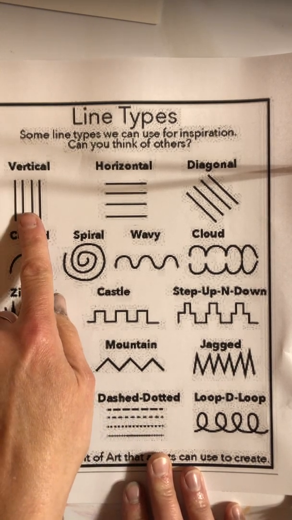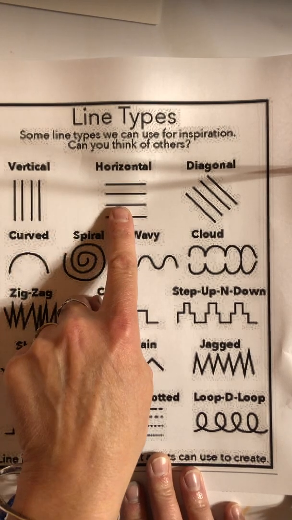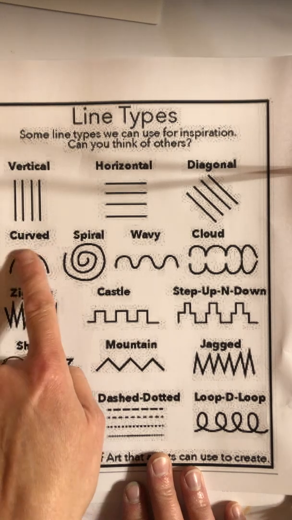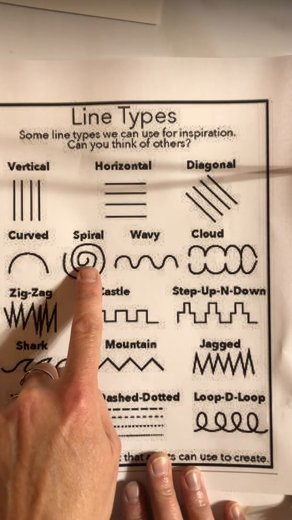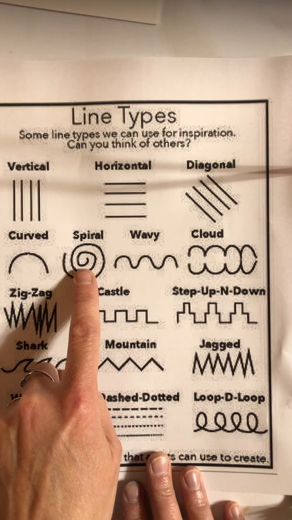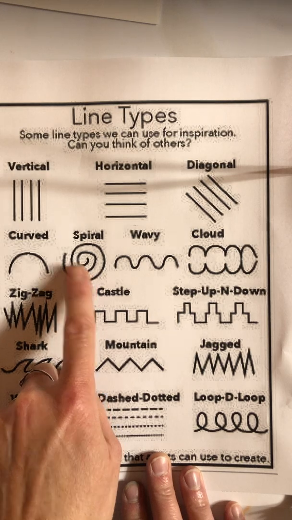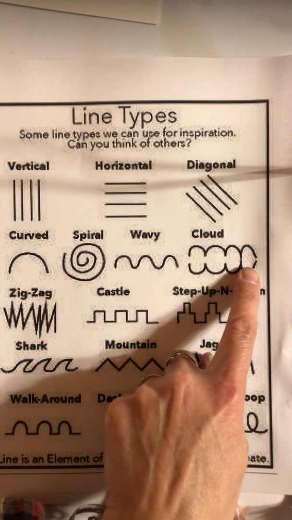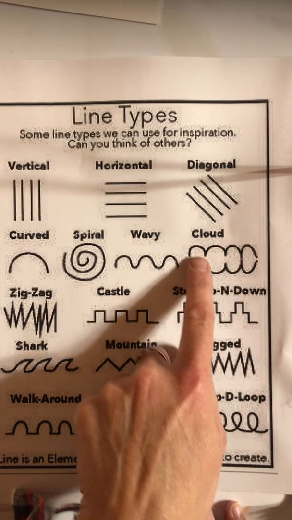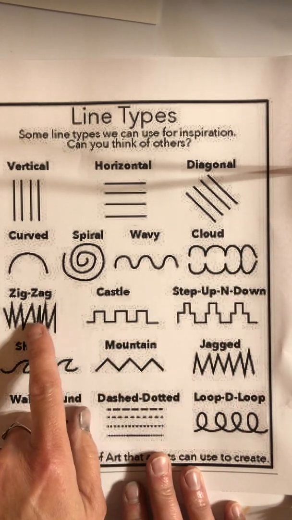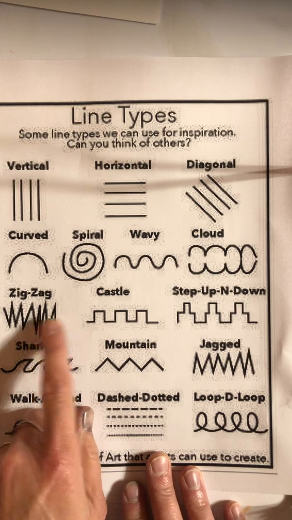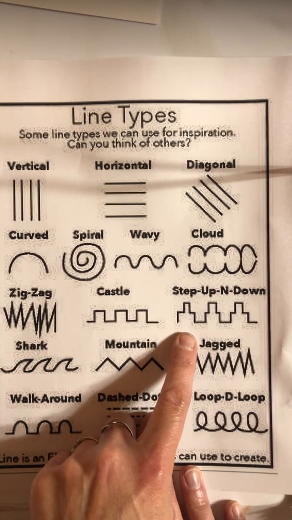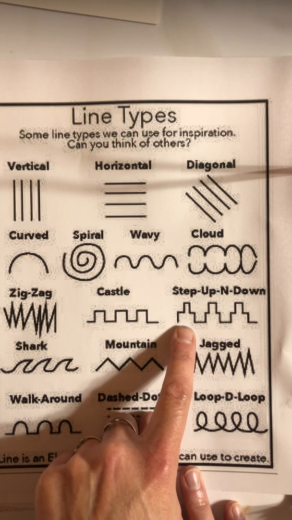There's vertical lines, horizontal lines, diagonal, curved lines, spiral lines, or even like a cinnamon roll. There's wavy lines, there's a cloud line where you have two wavy lines on top of each other, a zigzag, a castle top line, a step up and a step down kind of line.